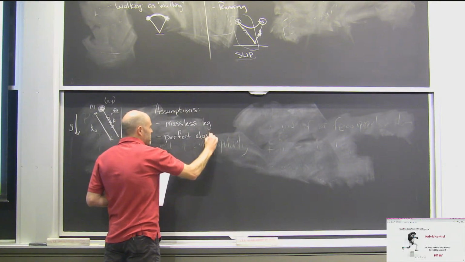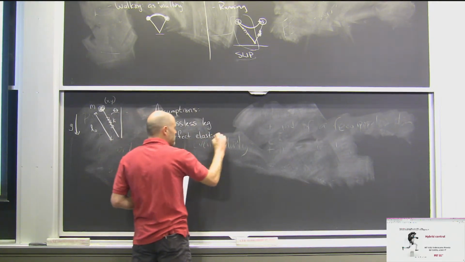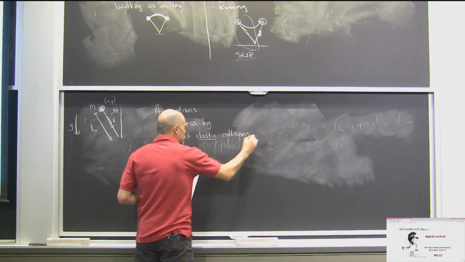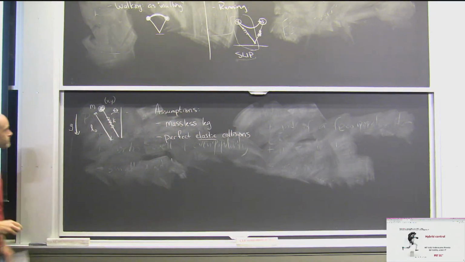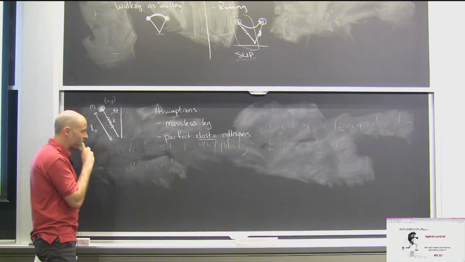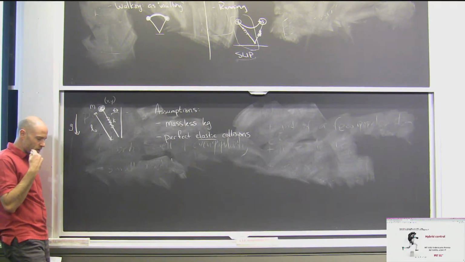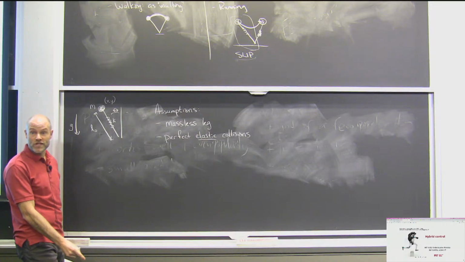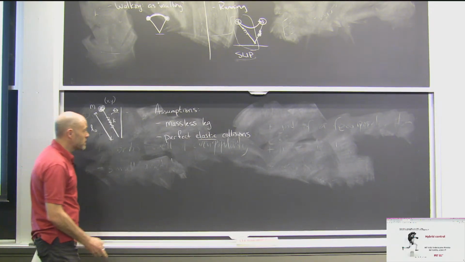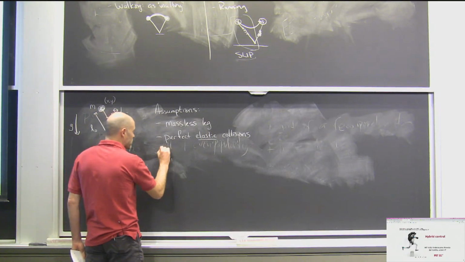Okay, we're going to assume perfectly elastic this time. Last time was inelastic, but we want to get back up again. So these are elastic, instantaneous impulsive collisions. And so unlike the last model, the rimless wheel model, which lost energy every time its foot hit the ground and gained energy by falling down a ramp, in this one energy is conserved.